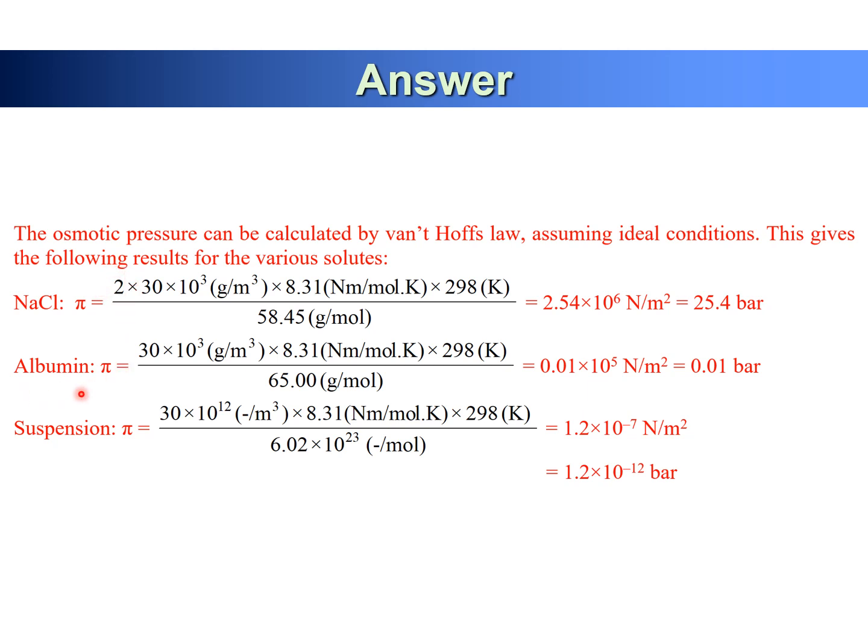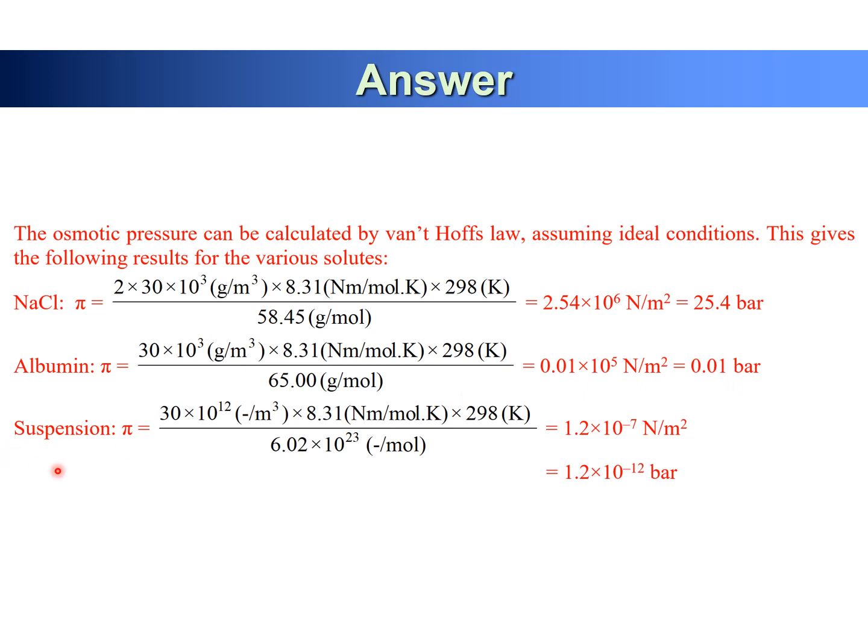Albumin has no dissociated solute, so we have only 1. This is 65 grams per mole, 30 grams per liter concentration, and the temperature. So we have this 0.01 bar pressure.